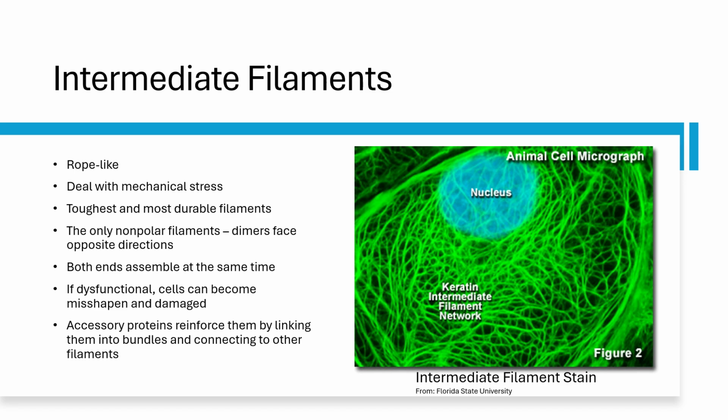Both ends assemble at the same time, and if they're dysfunctional, cells can become misshapen and damaged. Accessory proteins reinforce them by linking them into bundles and connecting them to other filaments. So these are basically responsible for providing a lot of the structure of cells and making sure that things don't break down and have the strength to actually deal with external stresses.